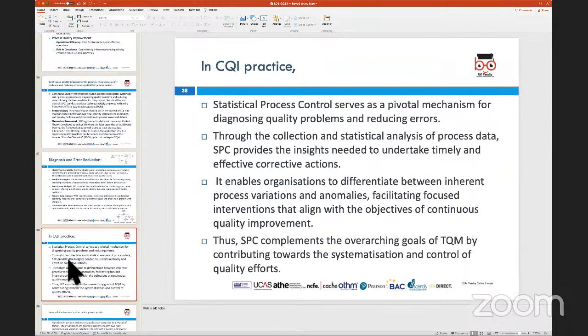So this process of continuous quality improvement, CQI, is done using both product quality improvements and process quality improvements. Product quality improvements might be done by studying customer requirements and the product meeting those requirements.